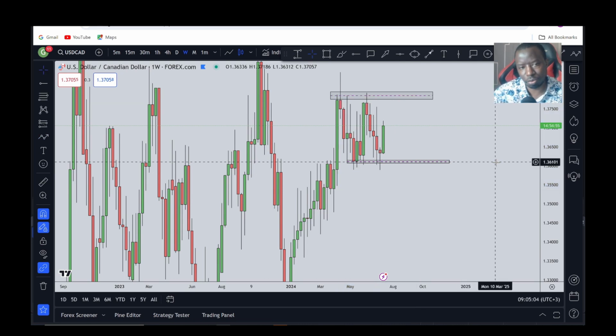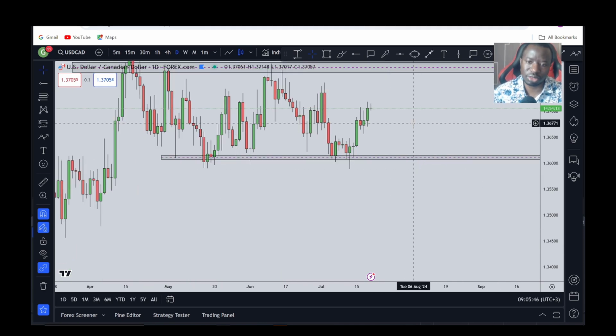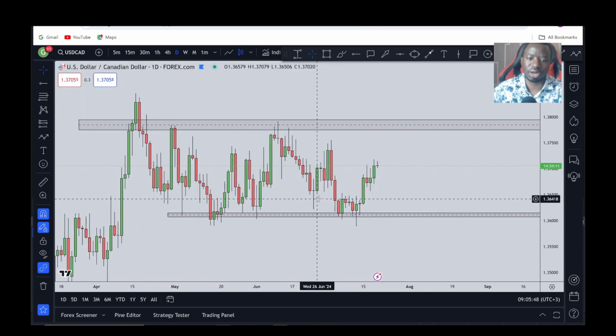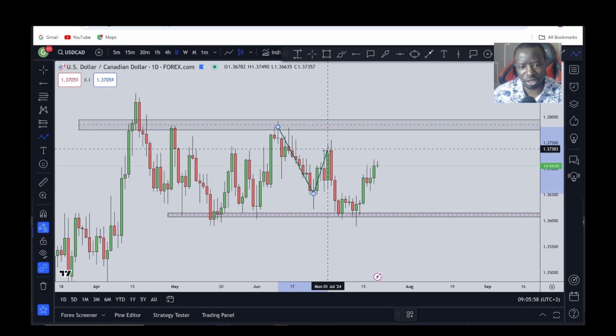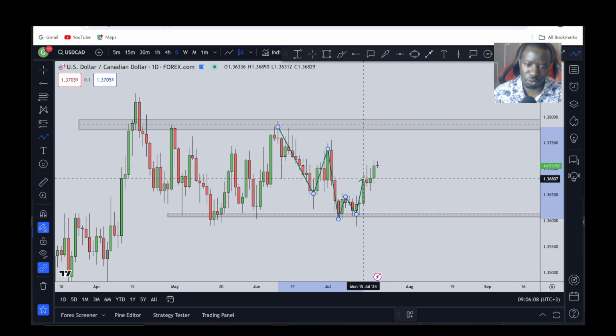And now we'll drop down to the daily time frame to see what the structure is. So this is the daily time frame, and from this we see that price moved from the high of this range into this area, pushed up a little bit, then dropped again into the range lows, and away from these range lows it formed a double bottom from which it sprang to the upside.